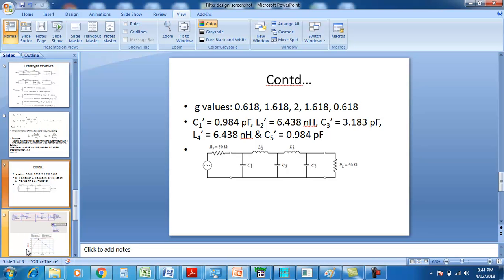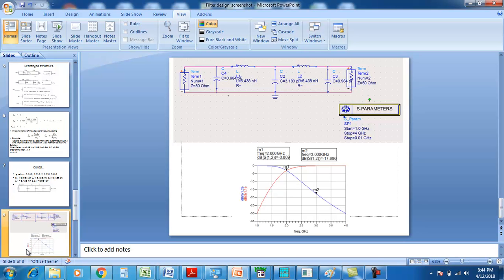Now the circuit is capacitor, inductor, so the minimum number of inductances are used in the circuit. This circuit is realized in the ADS software. This is the structure. At the input and output side, we are using termination impedances.